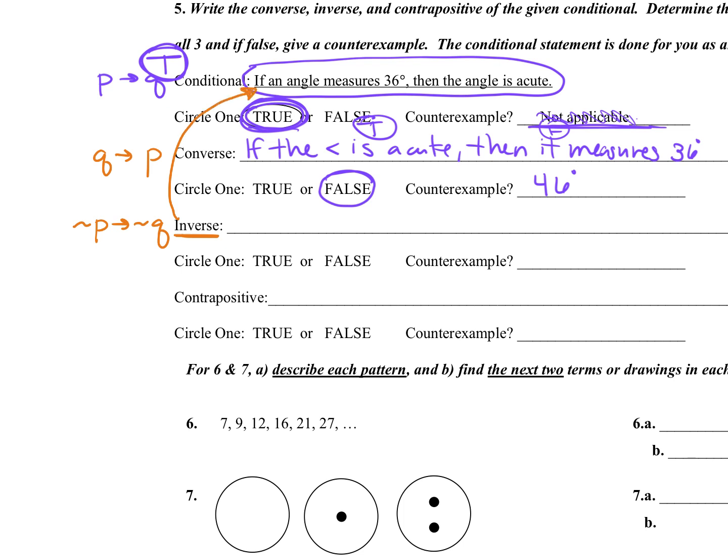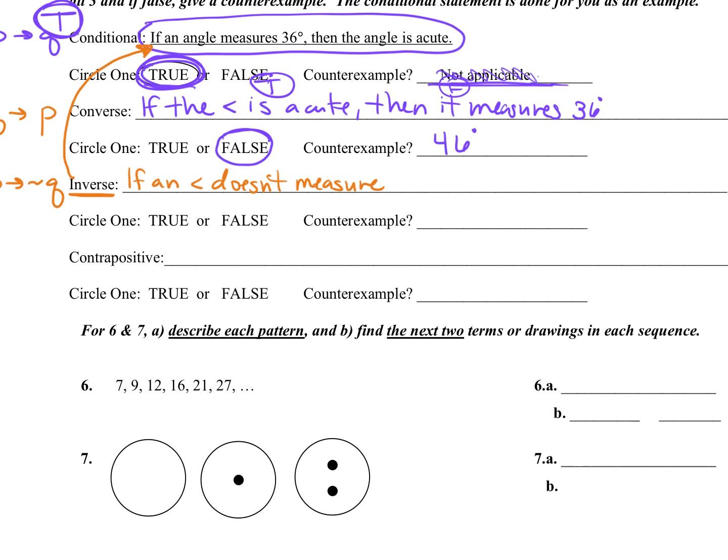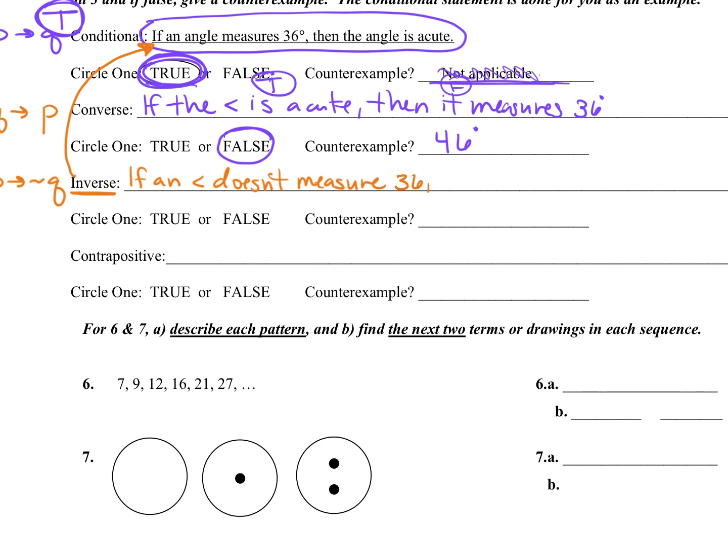If an angle does not measure 36 degrees, then it is not acute.